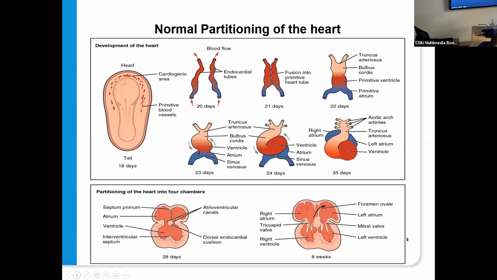Here you are looking at a picture of how the heart develops from the 18th day post-conception up until 35 days. And the bottom pictures are showing you the sagittal picture of the heart between 28 days and 8 weeks.